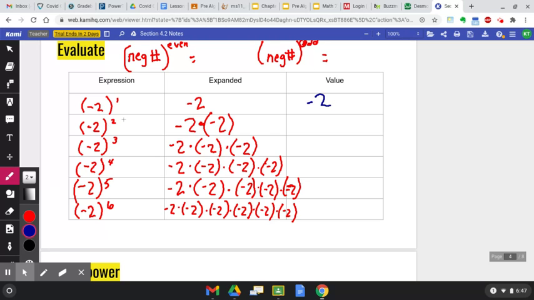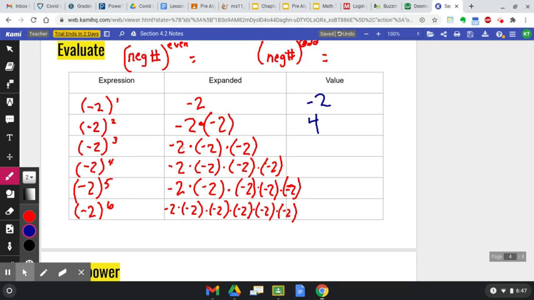Negative 2 to the second power would be negative 2 times negative 2. And our integer rules tell us that if I multiply negative times negative, it's actually a positive value. So whenever I square a number, it's going to be positive, right? Because, remember, the exponent tells me it's something times itself. So negative 2 times negative 2 would be positive 4.